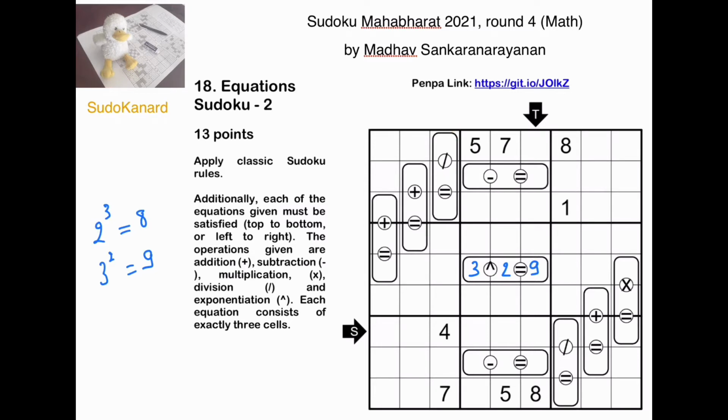Something else is with divisions and multiplications. Because the results are only one digit, multiplications can only be 2 times 3 equal to 6, 2 times 4 equal to 8. And divisions will be 6 divided by one of them equal to the other, or 8 divided by one of them equal to the other.